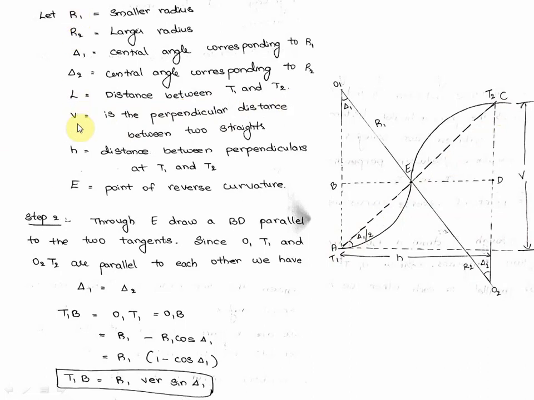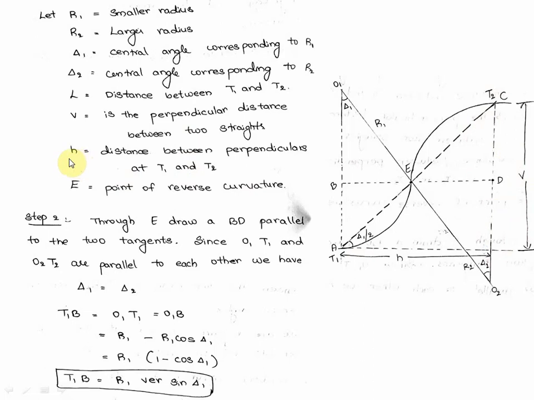Next, capital V is the perpendicular distance between the two straights. Here you can see one straight alignment and another straight alignment. To join both alignments, you are going to provide a curve here. So this capital V is the perpendicular distance between the two straights.